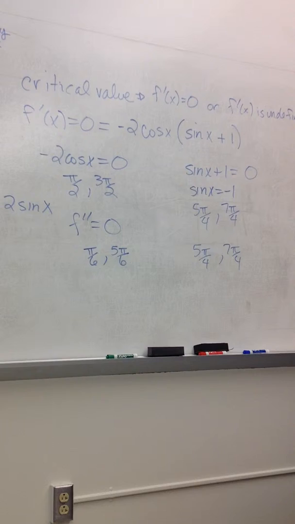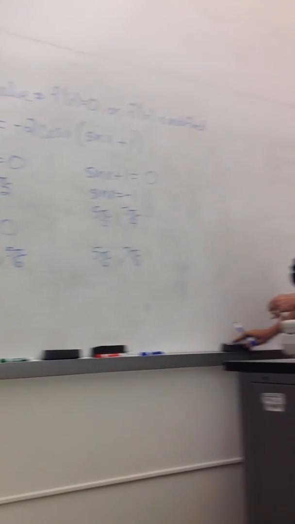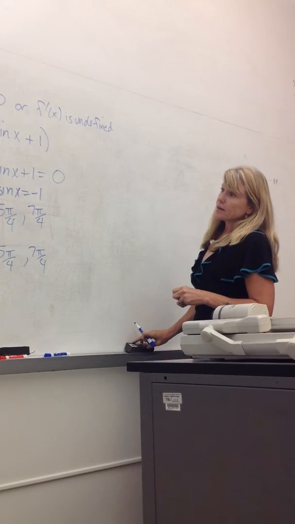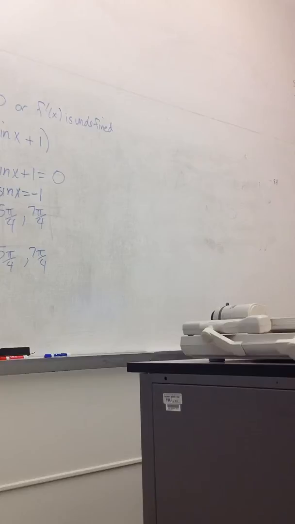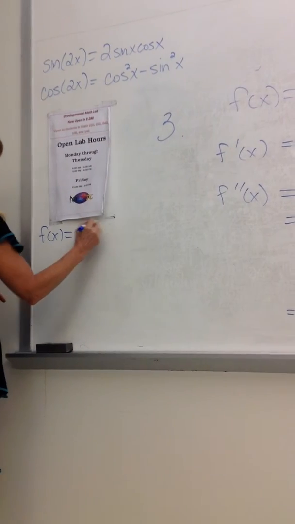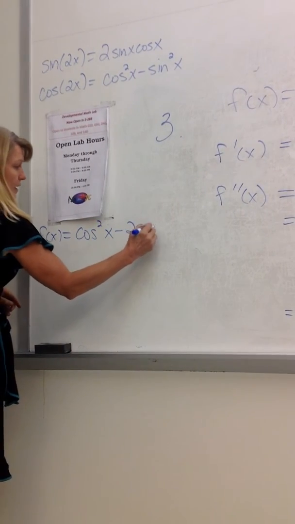Okay, so now we build our chart. Let me stack our important information, because I'm going to need space on the board to build my chart, although I guess I could build it on the Elmo over there. In the long run, we're going to want our original function, which is cosine squared x minus 2 sine of x.